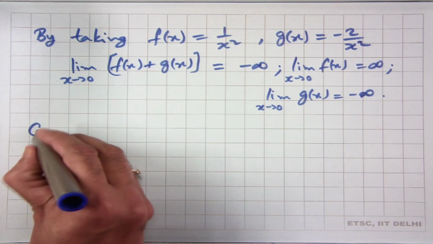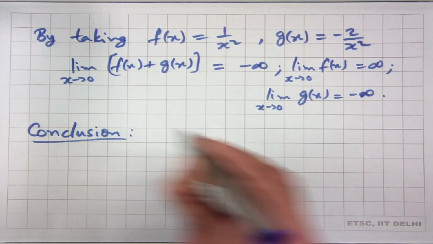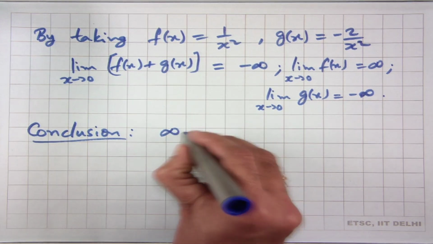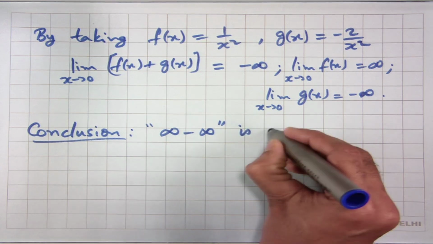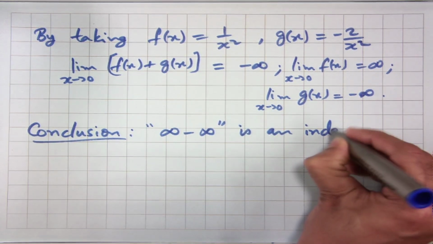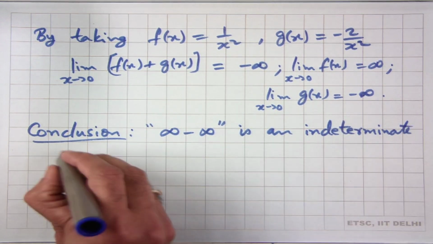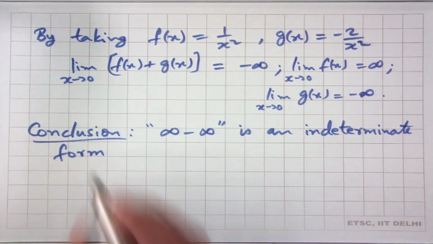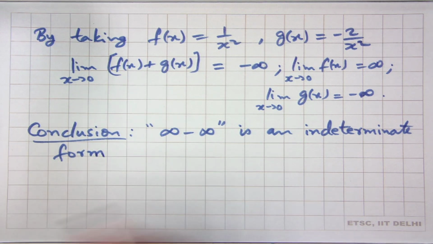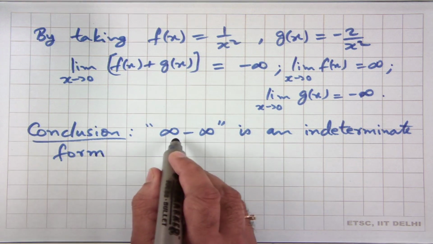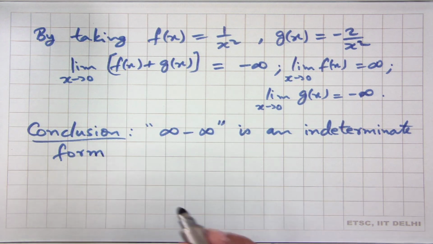So, the conclusion is that this infinity minus infinity is an indeterminate form, which means that you cannot decide beforehand what this limit will be. If one is going to infinity and another is going to minus infinity, then the sum will depend from problem to problem.